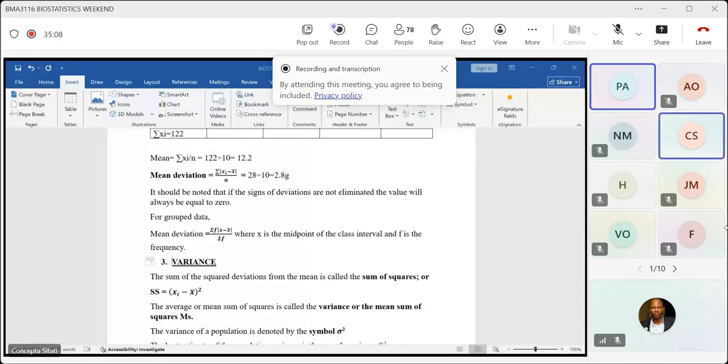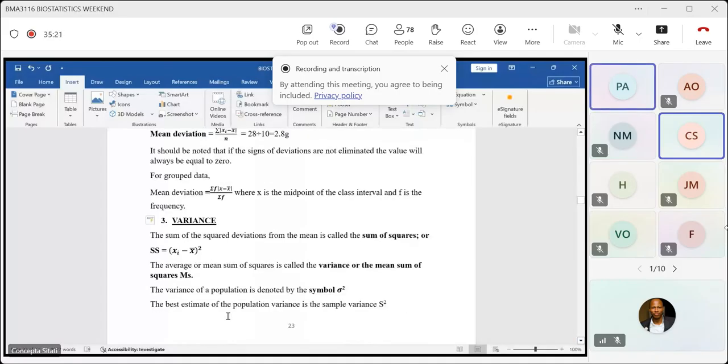Yeah, the sigma is there. So our sigma squared is representing the variance for the population. And the best estimate of the population variance is the sample variance, which is represented by S squared.